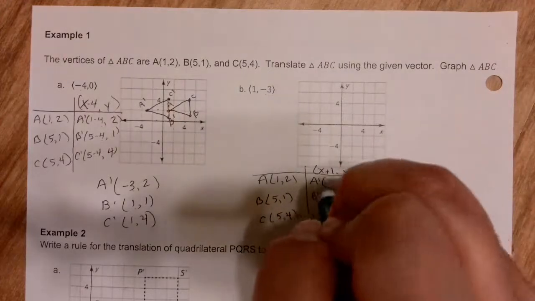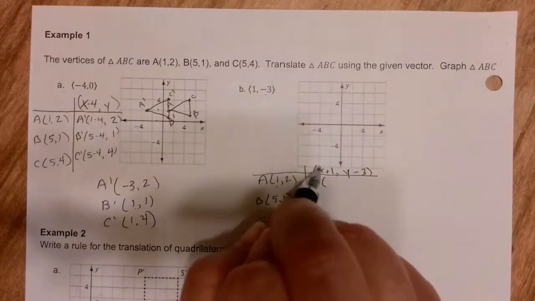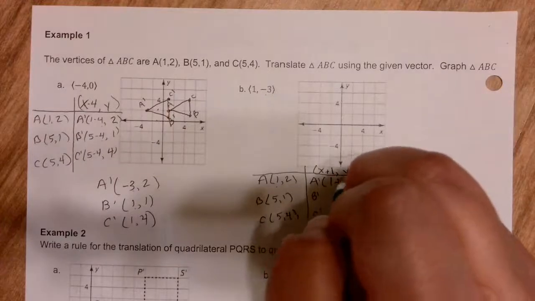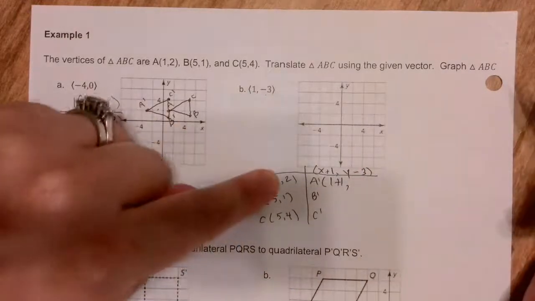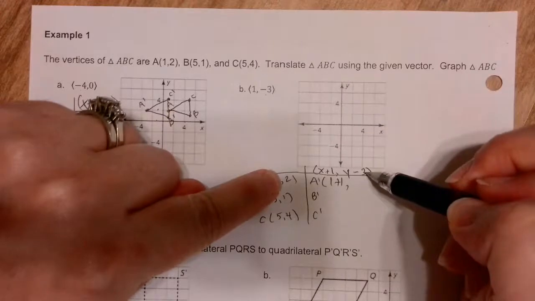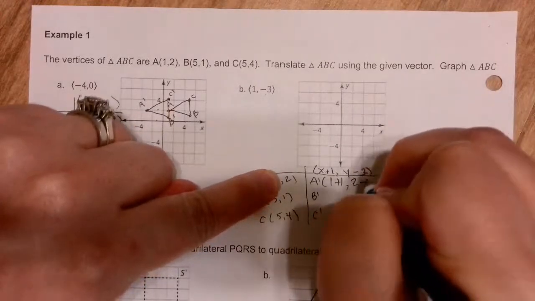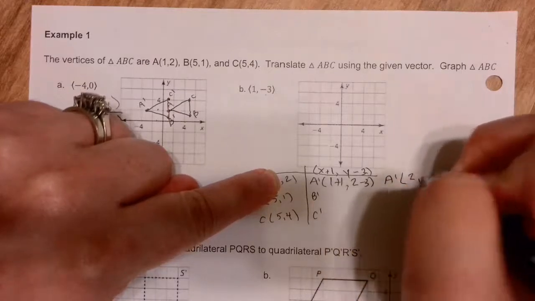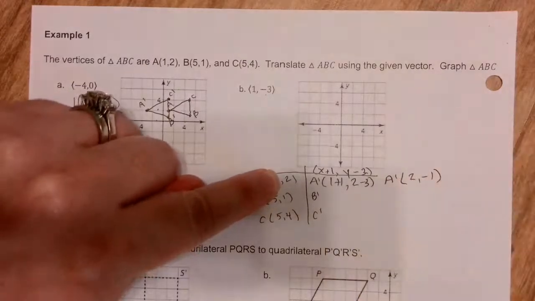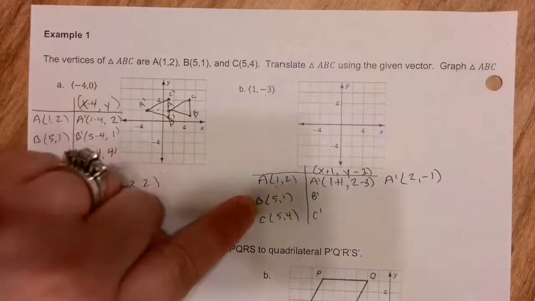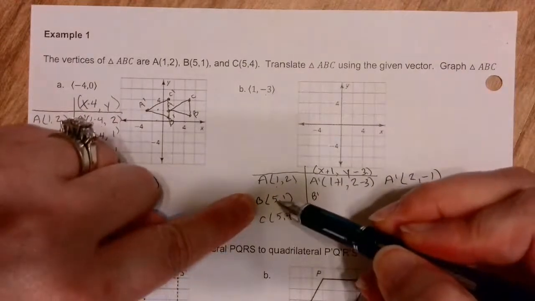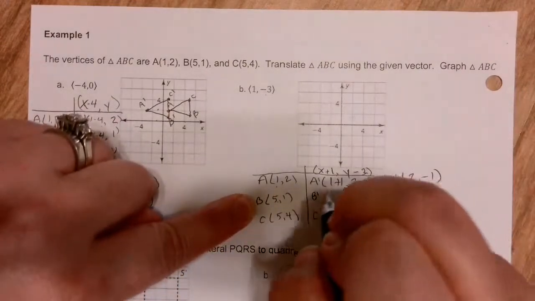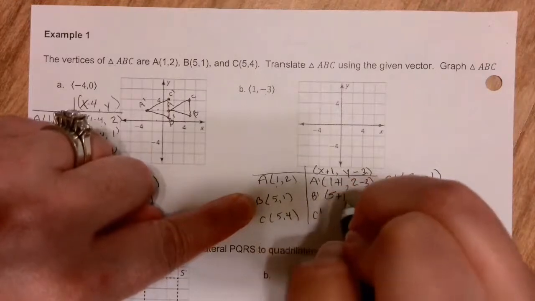So, the x value is 1, add 1: 1 plus 1. Take the y value, subtract 3. And our A prime is 2, negative 1. Do the same thing with B. Take the x, add 1: 5 plus 1.